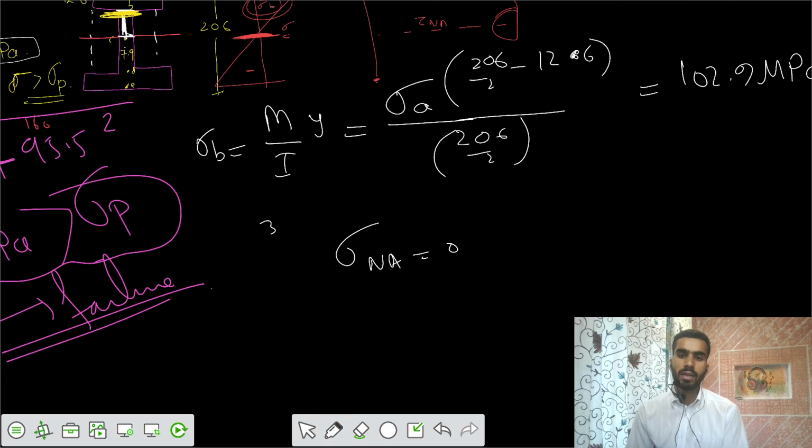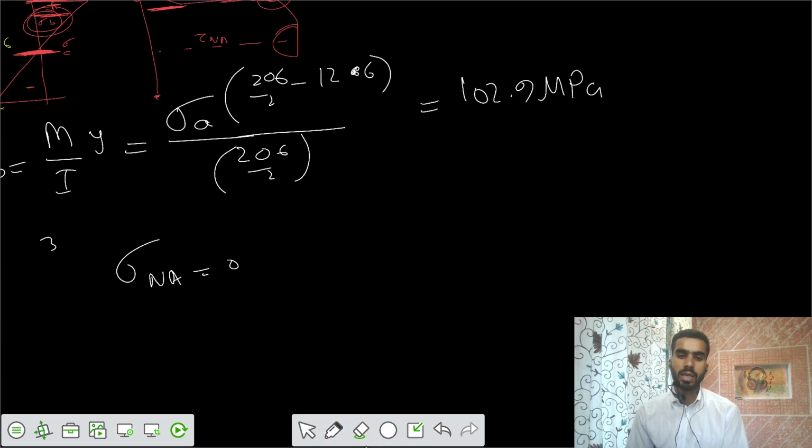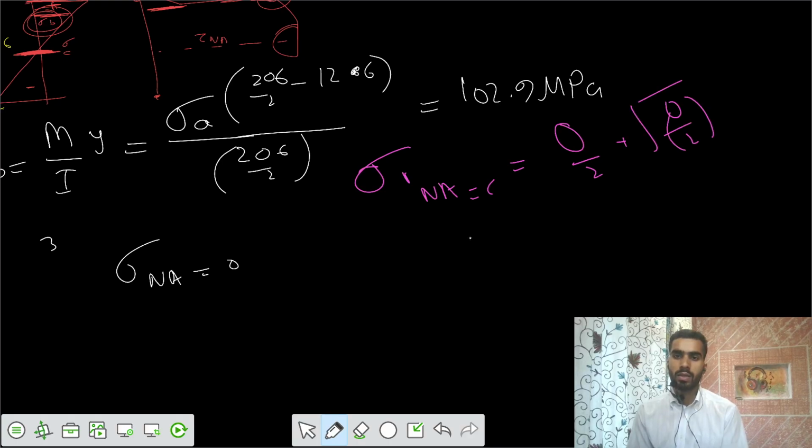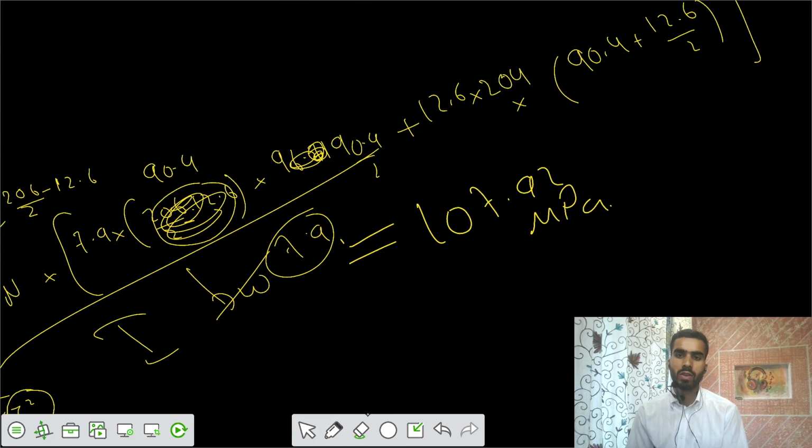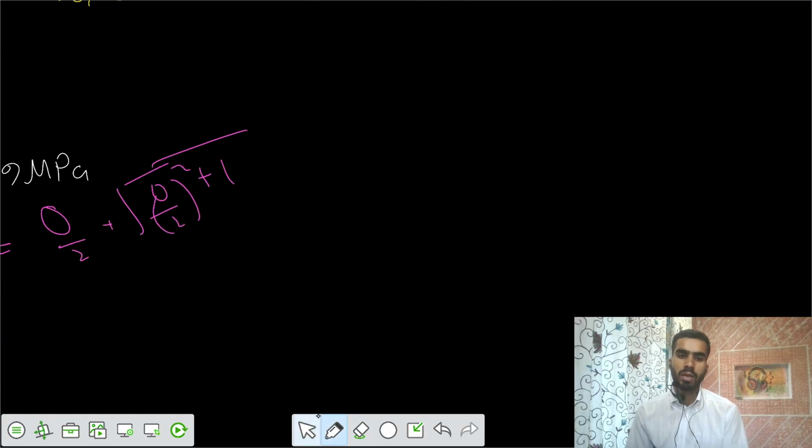Then what are the stresses at the point C? That is sigma 1 at the neutral axis, at C. We have the normal stresses 0 by 2 plus the square root of (0 by 2) whole square plus the tau value. The tau value was maximum 107.92, but your normal stress is 0, so the overall value is 107.92.